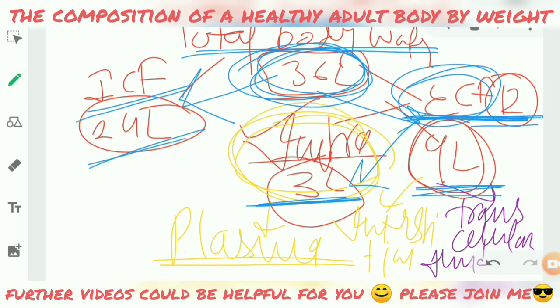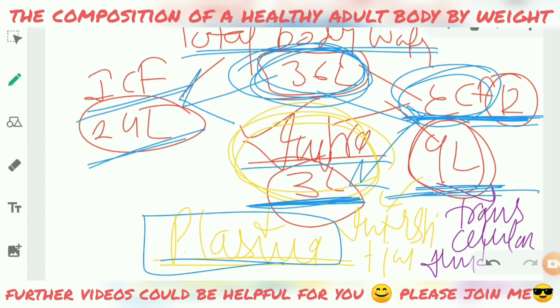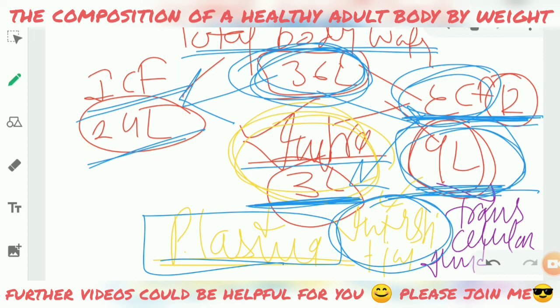The intravascular fluid that lies around the RBCs is called plasma, and in ECF the 9 liter around cells other than RBC is called interstitial fluid, and the fluid that lies around joints and pleural and pericardial cavities is called transcellular fluid.